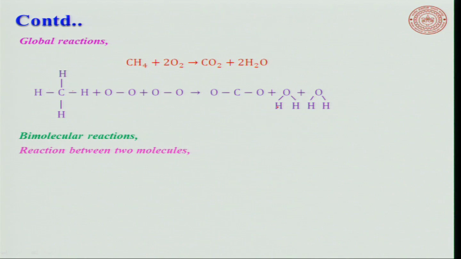This is quite difficult to happen in a real situation, because too many bonds are to be broken, too many formed, and this should all come together to have an effect. Therefore, a global reaction really won't be possible in real situations.